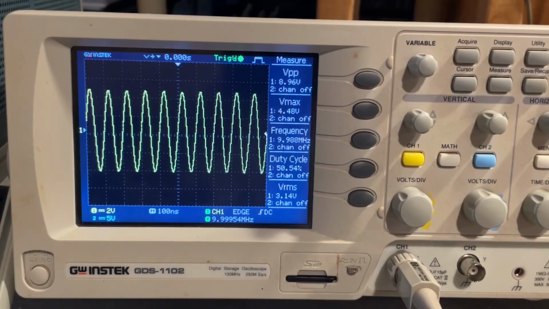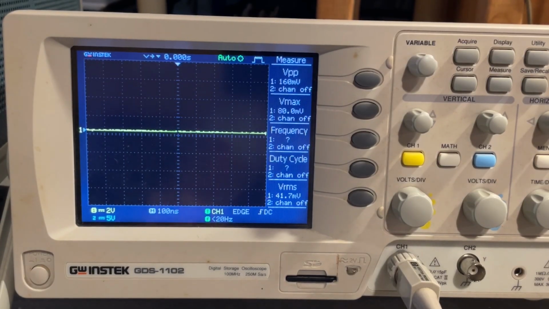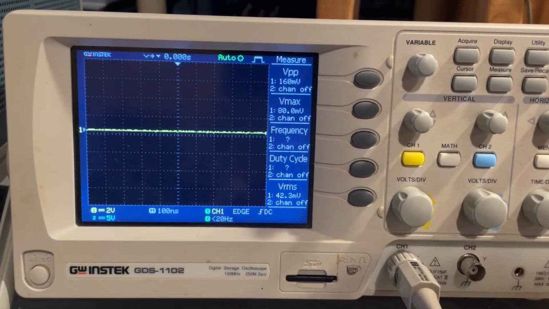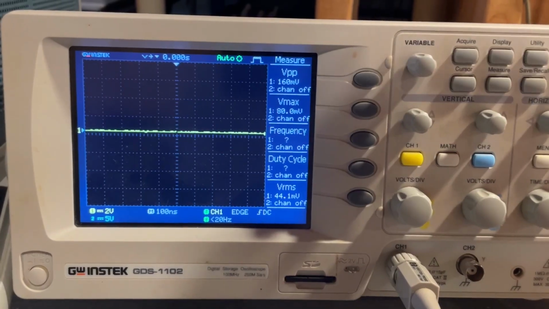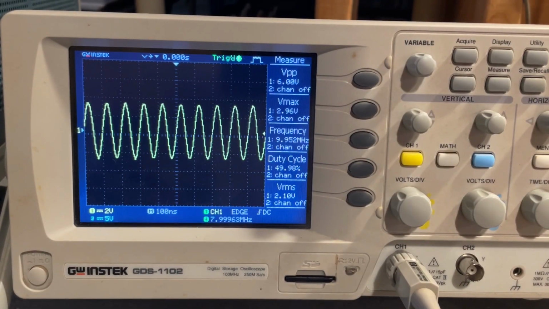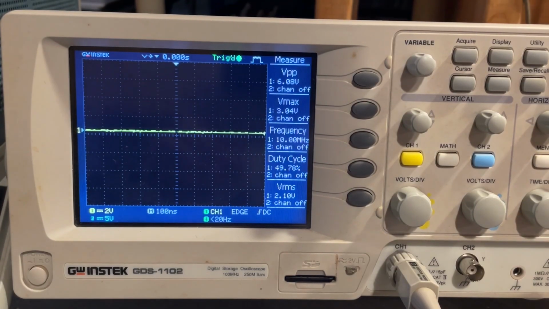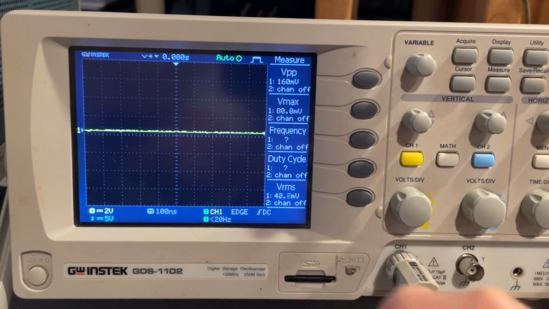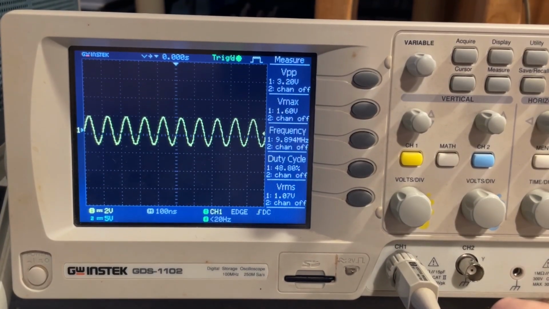So here we've got around maybe 8.96 volts. And then we go to the second point. We have 6 volts, 6.08 volts. And if we go to the third point, we have our 3 volts.